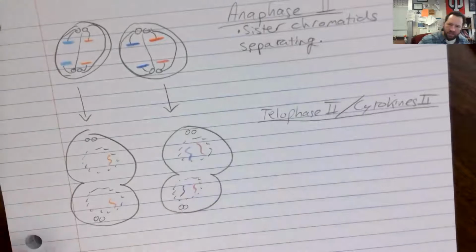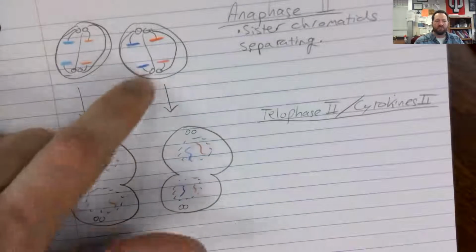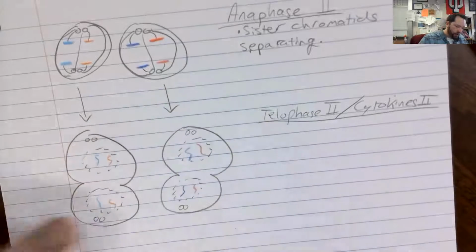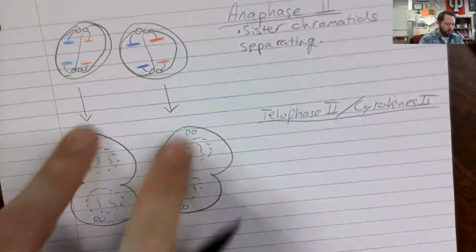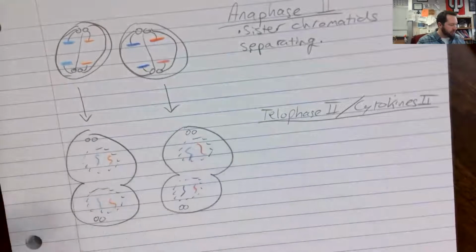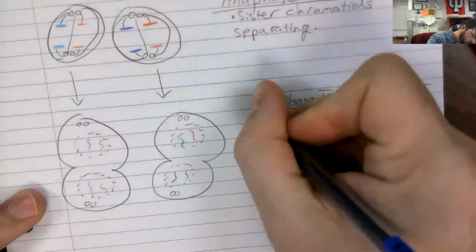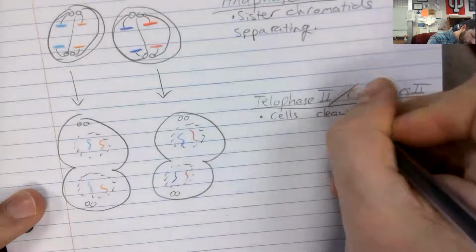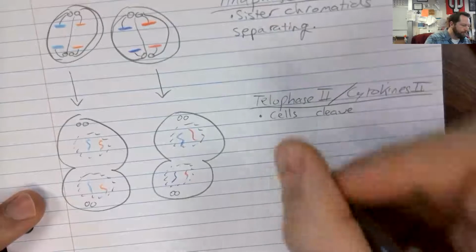So I'm kind of showing the DNA starting to unravel now. It's not the tight chromosome that it was up here. They're starting to unravel. Our nucleus is reforming. Our spindle fibers are breaking down. Our cells are cleaving.